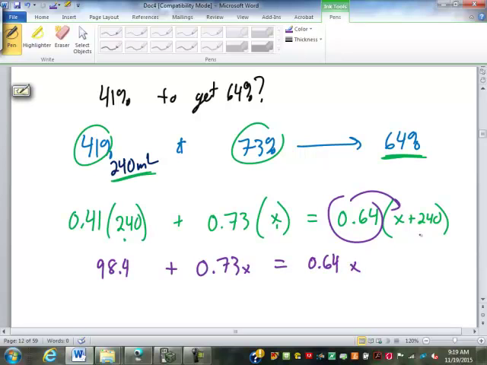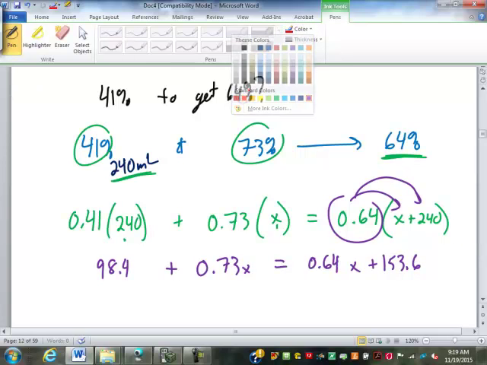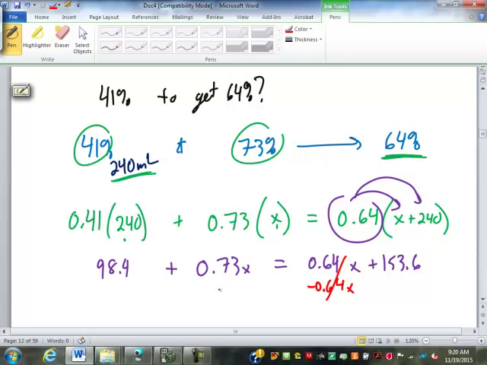Did you double check me? It's good. Okay. So 0.64 times x is 0.64x. 0.64 times 240 is 153.6. Okay, thank you. So now from here, we have to get rid of one of the x's. We're going to get rid of the 0.64x because they're on opposite sides.